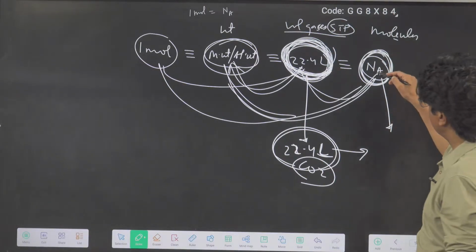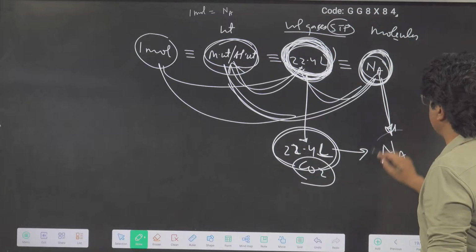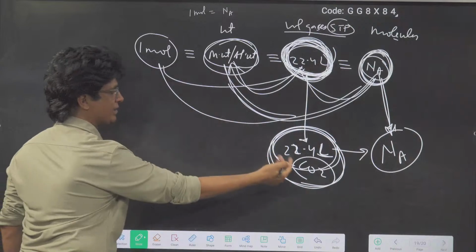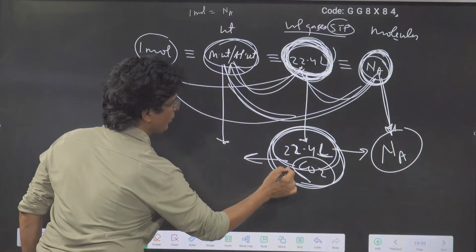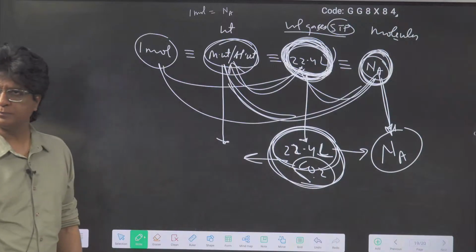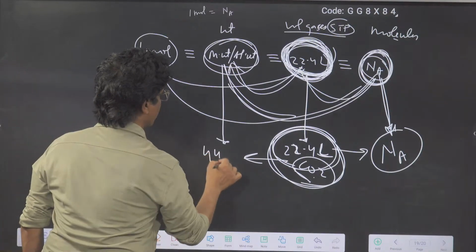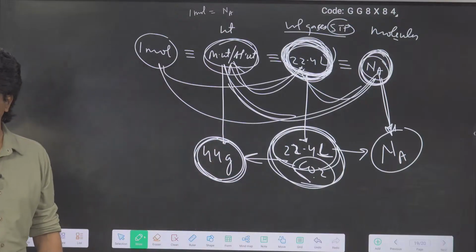How many molecules of CO2 have I taken? Avogadro number of molecules. Acha, if I take 22.4 liter of CO2, same gas, same amount, what is the weight? 44 gram. That is its gram molecular weight. Yes or no? Right.